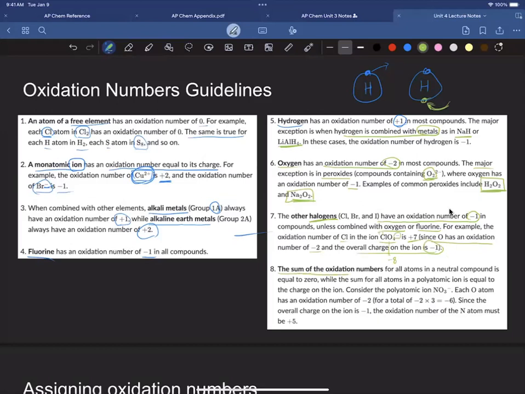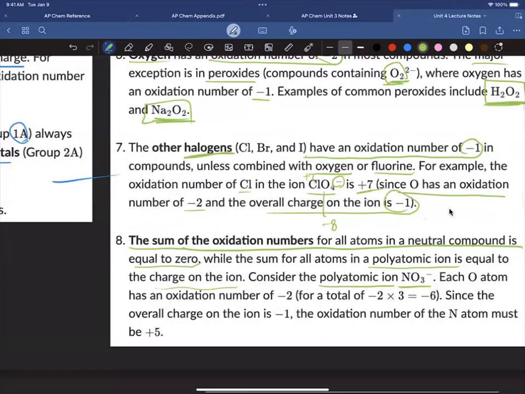So the sum of the oxidation numbers for all atoms in a neutral compound is equal to 0, while the sum for all atoms in a polyatomic ion is equal to the charge on the ion. So this is saying basically, if you have a polyatomic ion like this, each O atom has an oxidation number of -2.